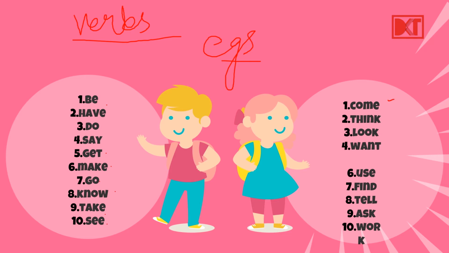Others could be come, think, look, want, use, find, tell, ask, work. So these words which tell us some kind of occurrence or state of being or some action taking place, all of these are called verbs. Okay, I missed one here, which was give.